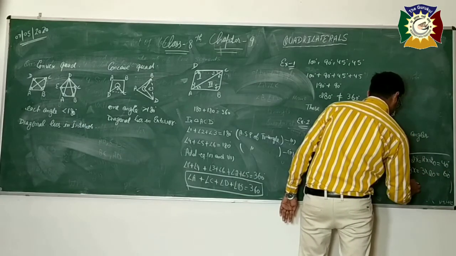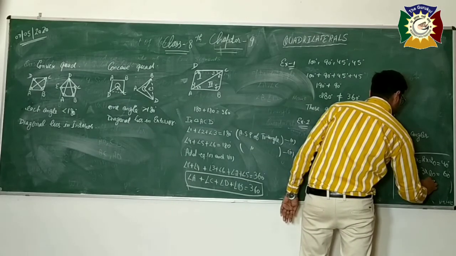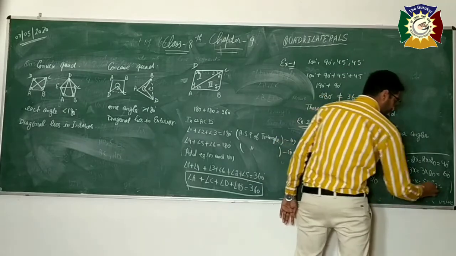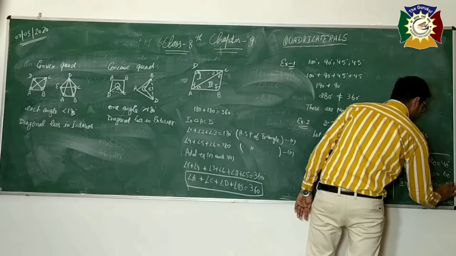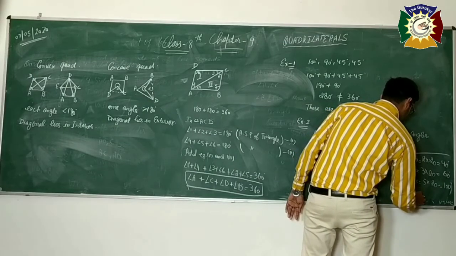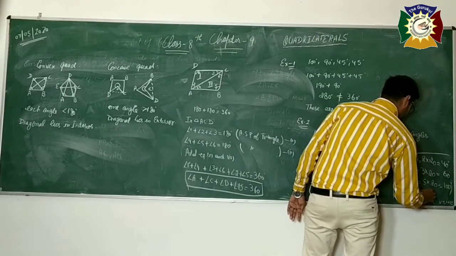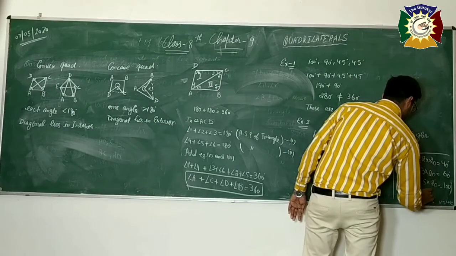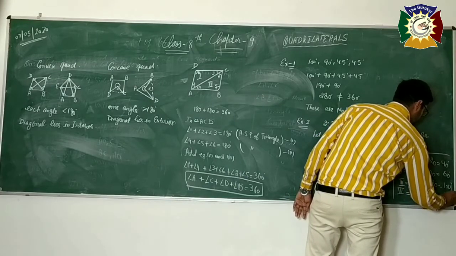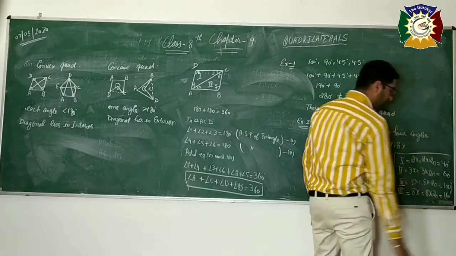Third, 5x, that will be 5 into 20, that will be 100 degree. And the fourth one, that is 8x, that is 8 into 20, that will be 160 degree. Is it clear to everyone?